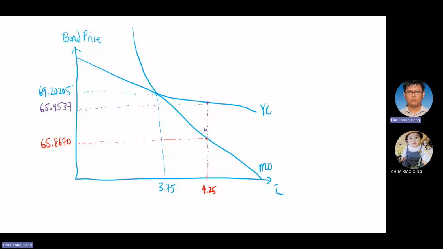Okay, I summarize it here. So from the modified duration, they told you the share price will decrease from 69 to 65.6.